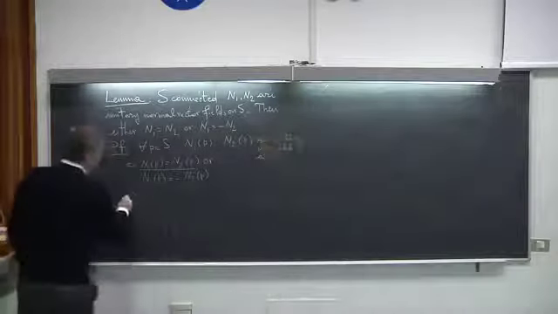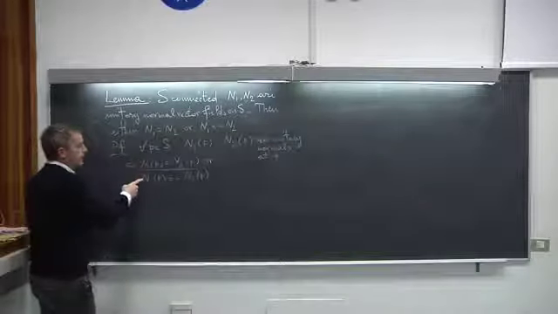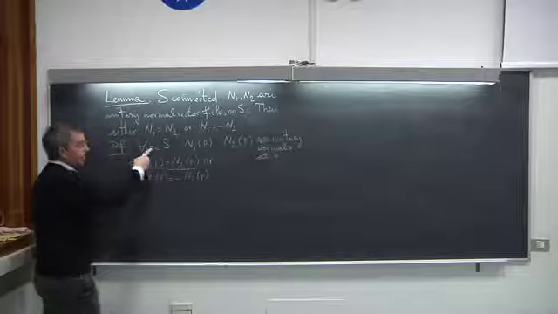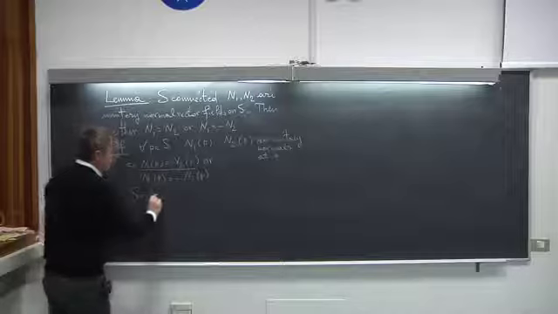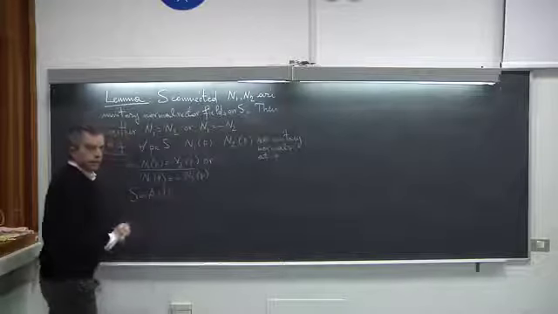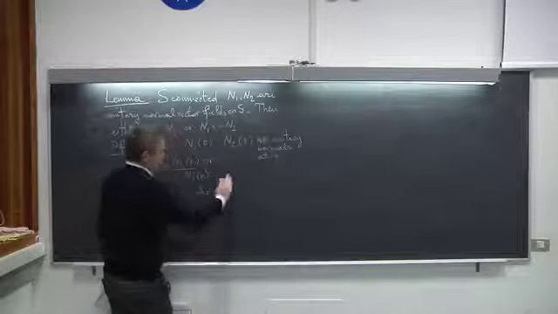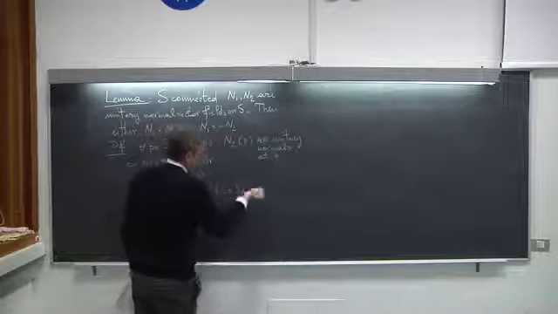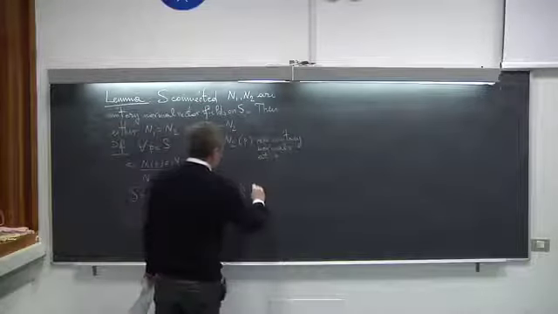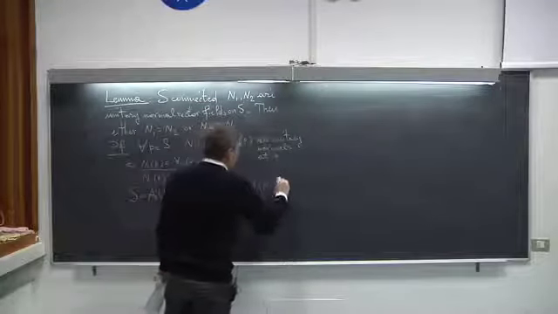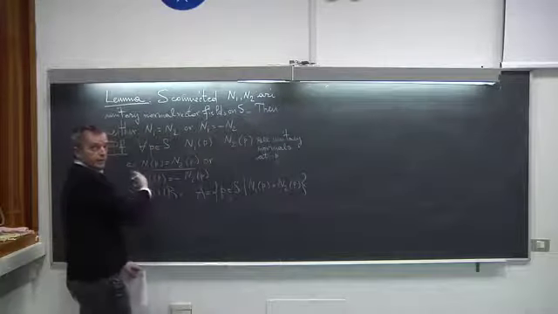But that's simple. How do you argue? Since these equations are true at every point, so either this or this is true, I write S is equal A union B, where A is the set of points on S, of course, such that the first one is true, N1 at P is equal N2 at P. And B is the other one.